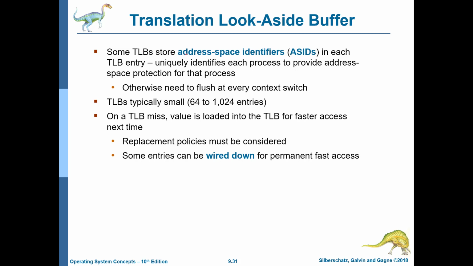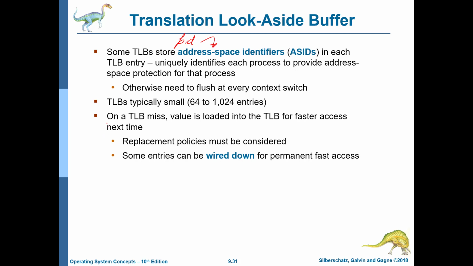But what we could do is additionally store a part of the PID, also called an address space identifier, along with each TLB entry, which will uniquely identify the process. In this case, we need not flush the TLB upon every context switch. Instead, we just keep the TLB entries and allow them to get naturally evicted as and when the new process requires a new mapping.